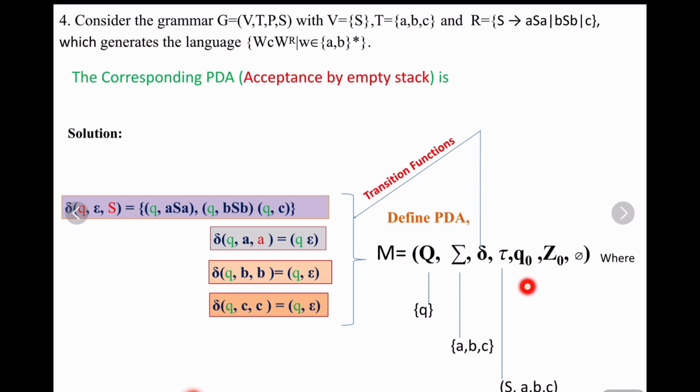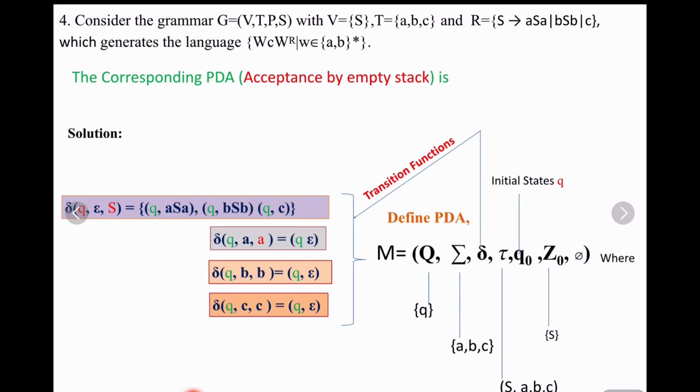The next is the initial state, which is q itself. Then the initial stack symbol is Z0, the top of the stack. In this case S will be the Z0. And no final state is required, because you are accepting by empty stack.